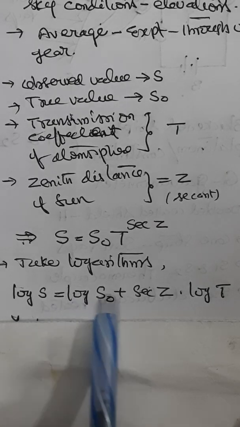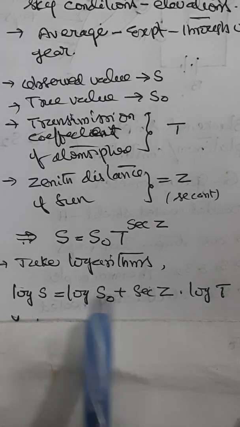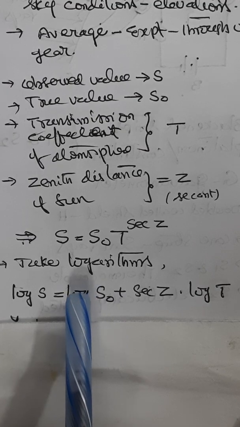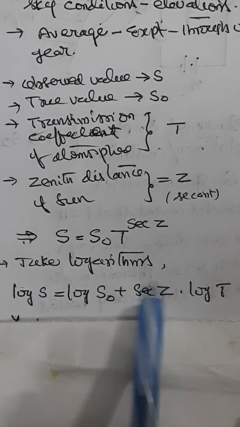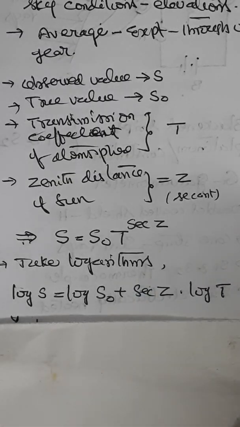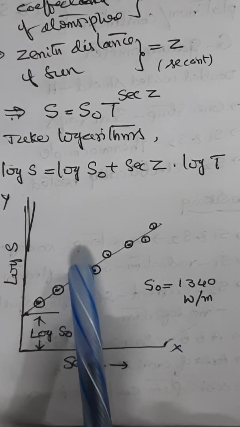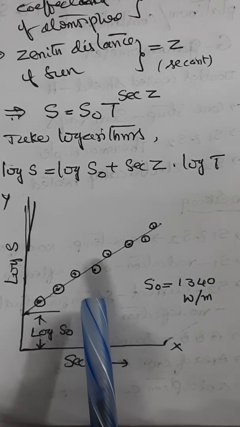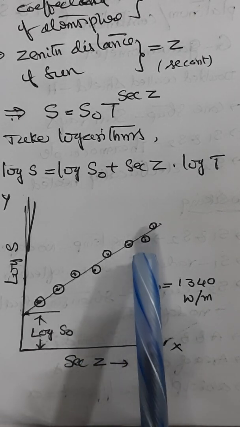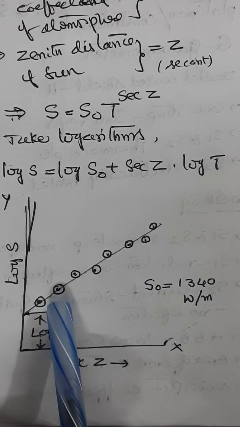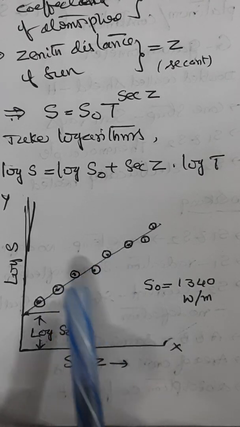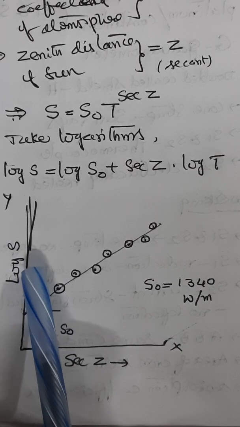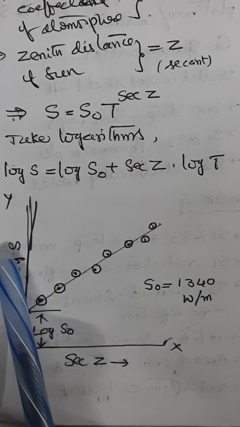So from the experimental data, we can draw a graph between log S on y-axis and sec Z on x-axis. Then it may look like this one shown here. The graph comes out to be a straight line as shown here. The intercept of the straight line on y-axis gives the value of log S0.